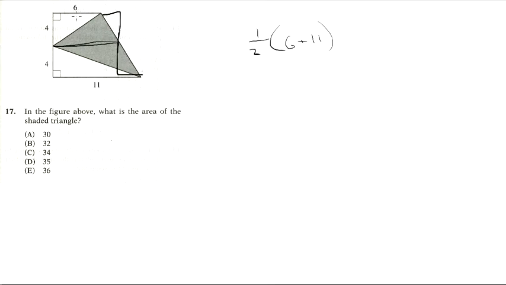So we need to find the midpoint of 6 and 11, so that's 1/2 of 6 plus 11 times the height of this trapezoid. Okay, 6 plus 11 is 17 times 8 over 2. Get rid of the 2 out of here to give a 4.